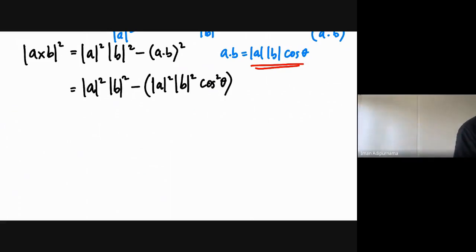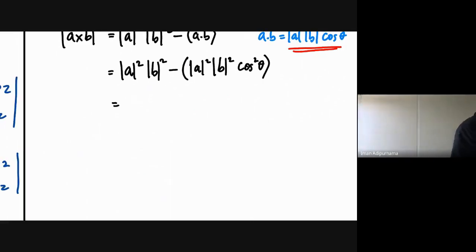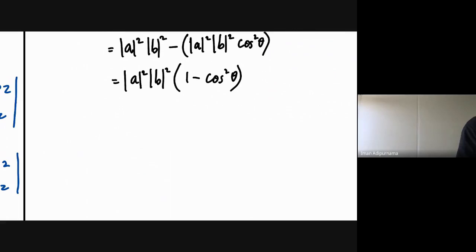And then in the last part, we factorize the A squared and B squared, and this is 1 minus cosine squared, and we get the term sine squared from here.